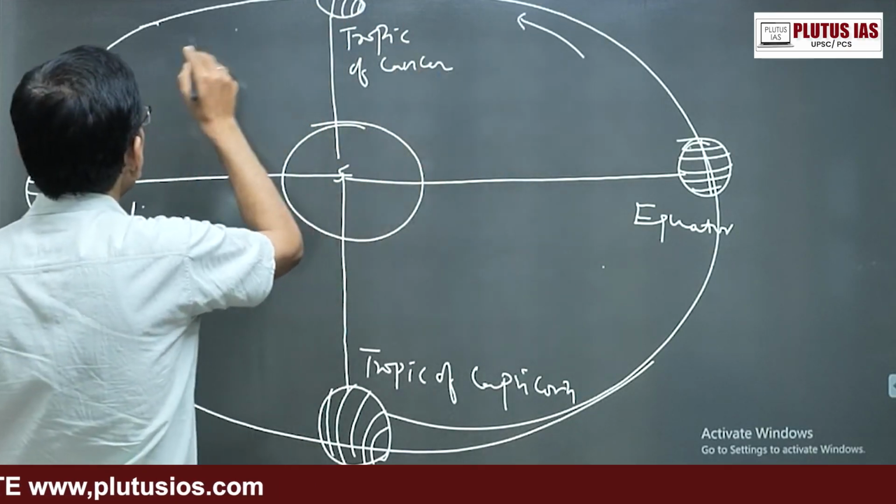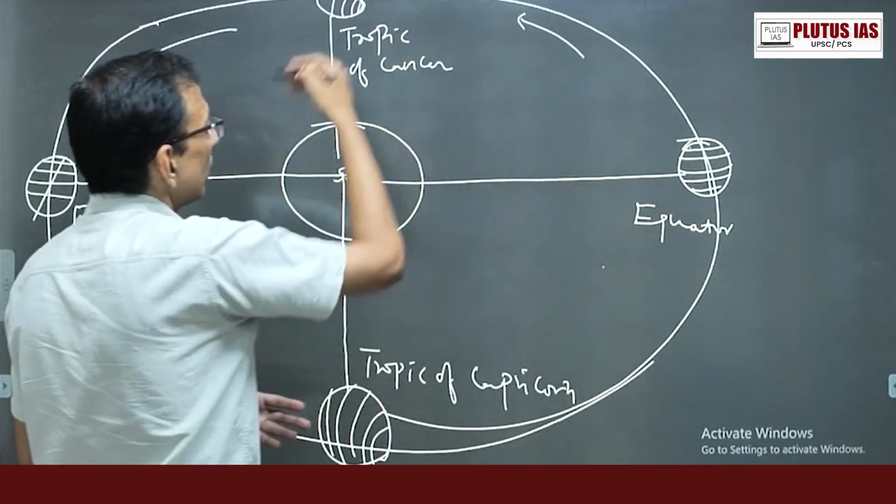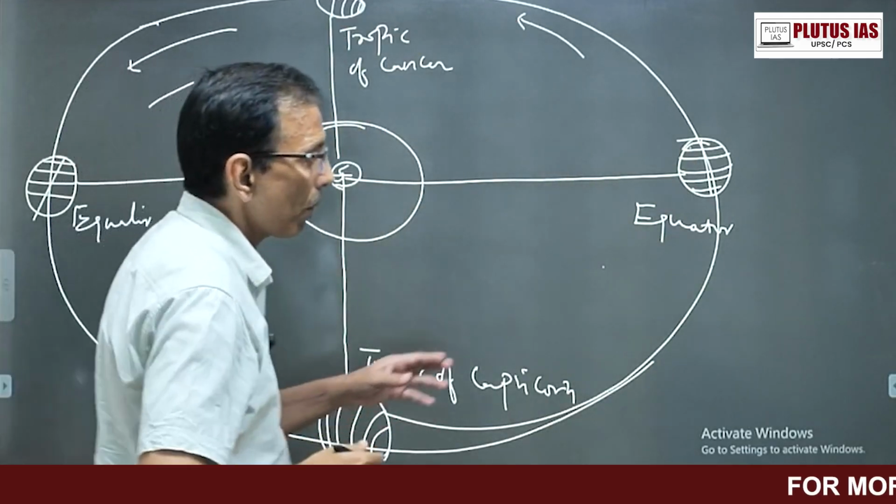This is the direction of revolution of the Earth. When the Earth is revolving around the Sun, what happens?